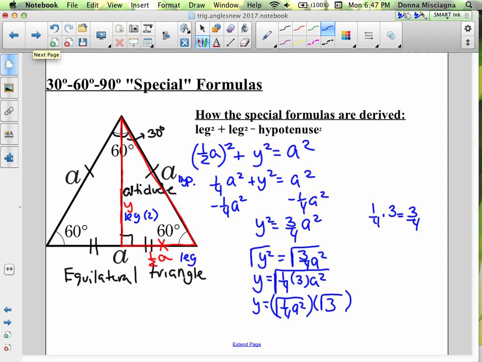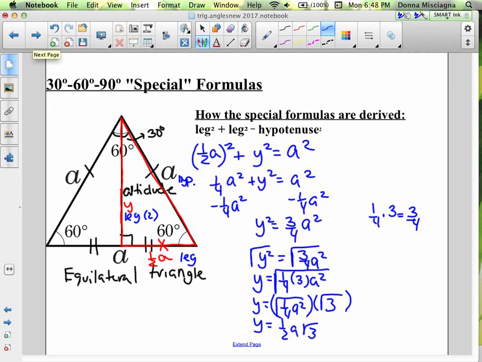Times the square root of 3 is the same as 3/4 a squared. It's exactly the same thing. I've just rewritten it. Now, one of these is a perfect square, the 1/4 a squared. All right, so the square root of 1/4 a squared is just 1/2 a. And then we have the square root of 3.